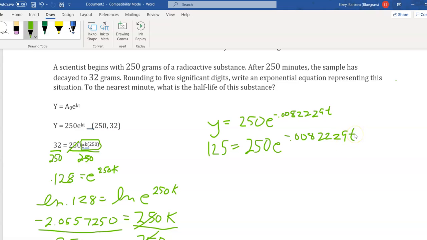So again, we're solving an exponential equation. Let's get this exponent and its base by itself. We have to divide out the 250 first. When we do that, on the left, 125 divided by 250 is a half, or 0.5.